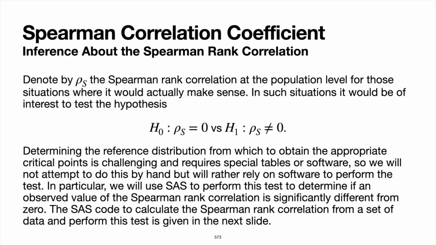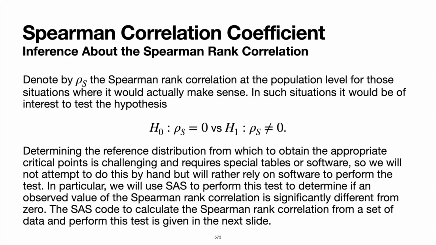And so what I will demonstrate in some examples is how to use SAS to perform this hypothesis test to determine if two variables are related at the population level according to this Spearman type of correlation. The specific SAS code to calculate the Spearman rank correlation from a set of data and to perform this hypothesis test is given on the next slide.